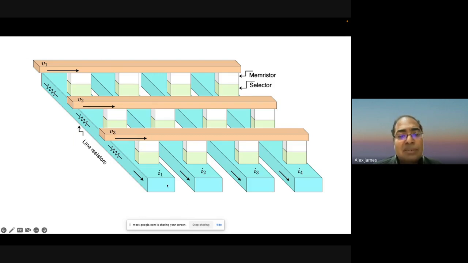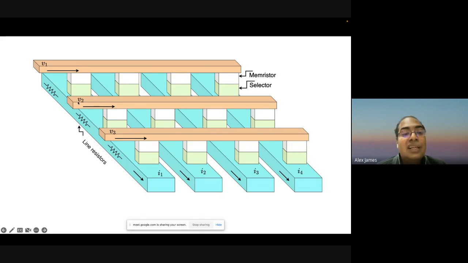So the output, or the currents here, will be the summation of the weights times the voltages. Now weight here means it's just the conductance of the memristor device. Which means that if you are able to change the conductance of the memristor, you are able to program the weight.